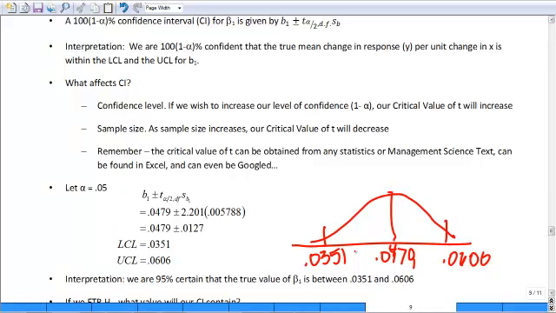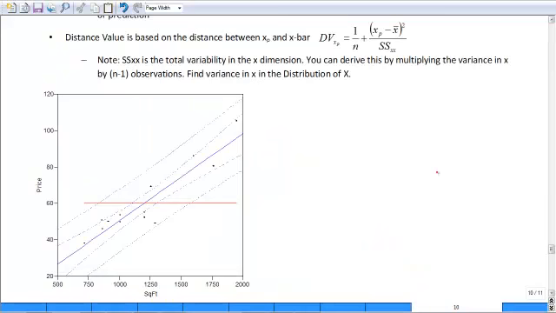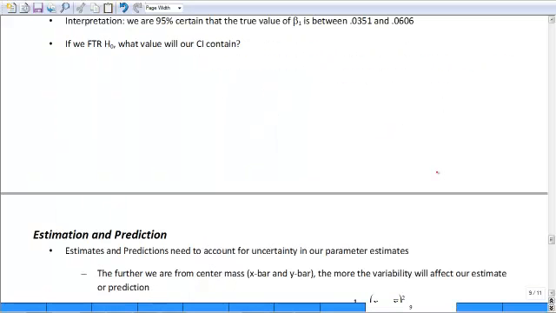If the confidence interval contained 0, we would not have rejected the null hypothesis, because if this range contains 0, that means 0 is a possible value for the true relationship. And if 0 is a possible value for the true relationship, we're not going to have sufficient evidence to reject the null hypothesis.